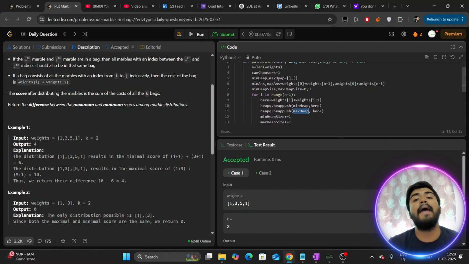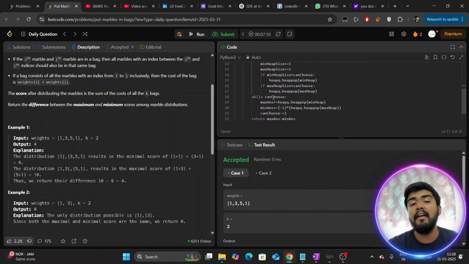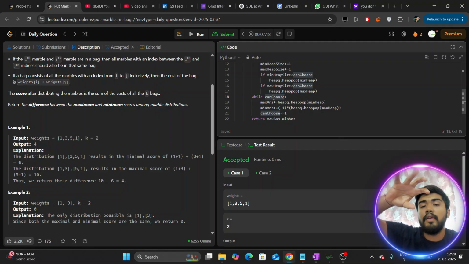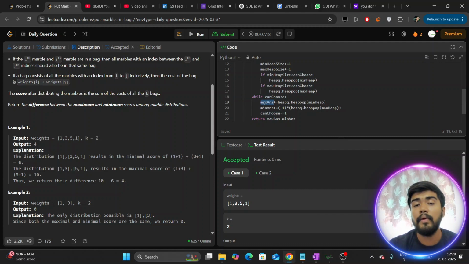So now we have our min heap and our max heap, and we iterate over can choose, so that many elements we are able to choose. For the max answer we take from the min heap, and for the min answer we take from the max heap, and we multiply that value by minus 1, because we know Python has no max heap concept.